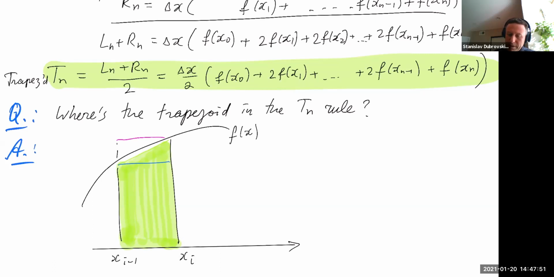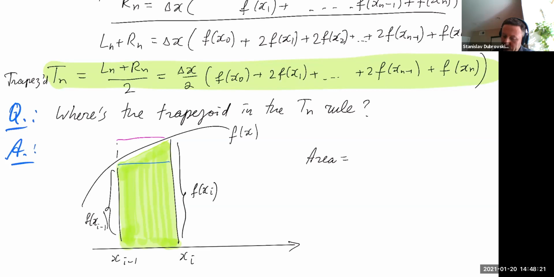So based on this picture, what is the area of this trapezoid? Well, the area of the trapezoid is just 1/2 between the two bases. What are the two bases? So this side is f of x_{i-1}, and that side is f of x_i.